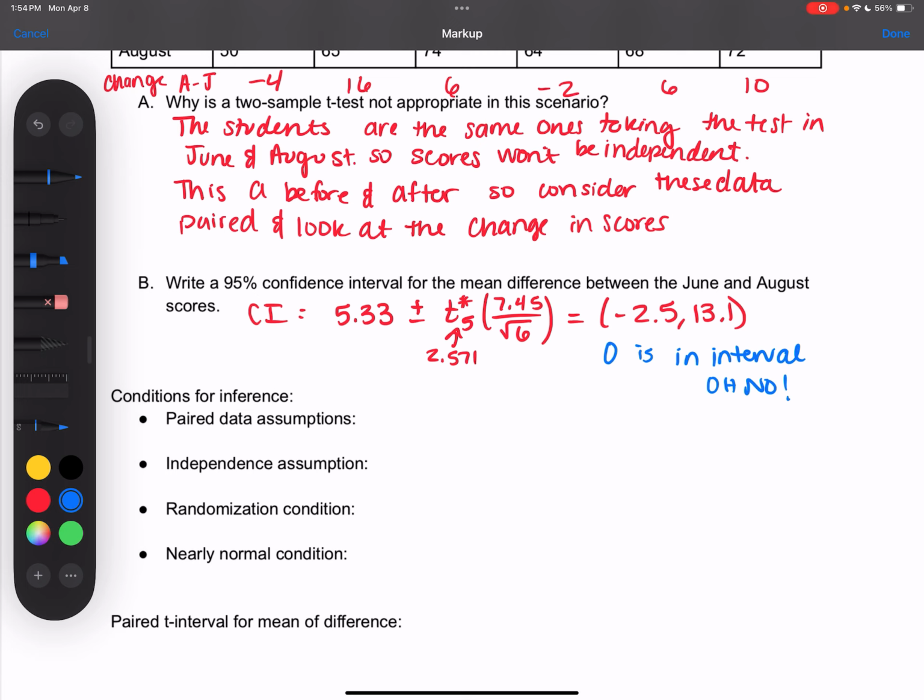So conditions for inference. I guess we probably should have done this first, but they ask it after, so just do it down here. So the paired data assumption: the scores are paired by student. So before and after.